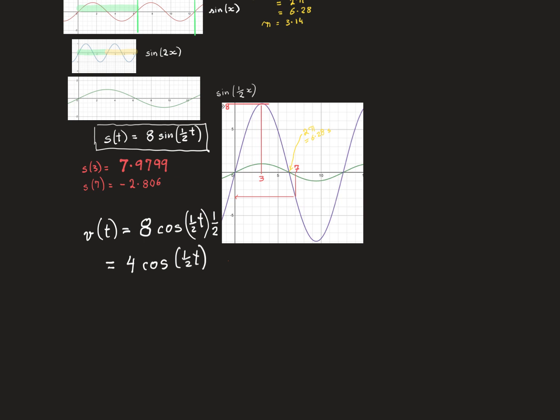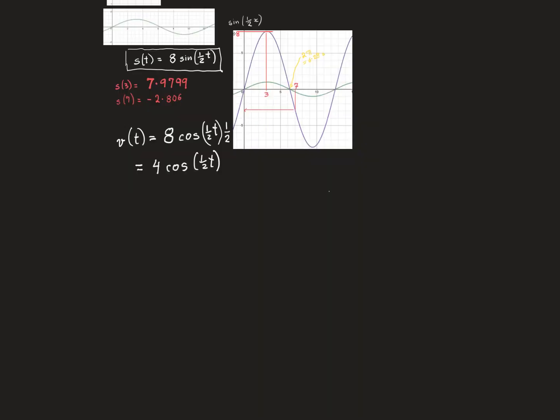So our function is also going to have a period of a half, but it is going to be a cos function, and its amplitude is only 4 meters high.